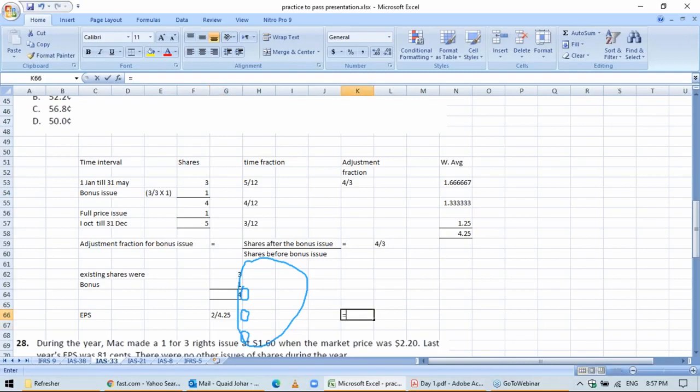So this gives an EPS of 47.1 cents. So students, that's all for today. So the correct answer is option A. That's the correct answer.